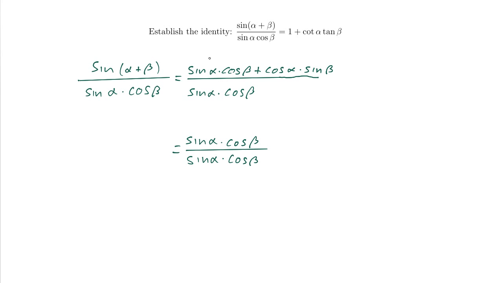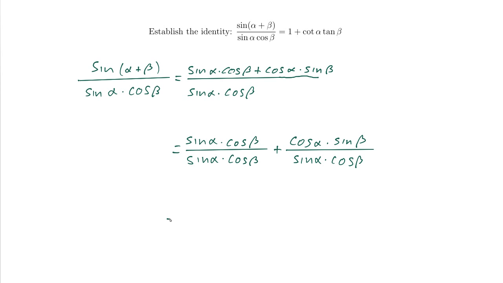That's this first fraction here. Then plus a second fraction, same denominator, and now the numerator will be the second half of the old numerator, so that is cosine of alpha times sine of beta.